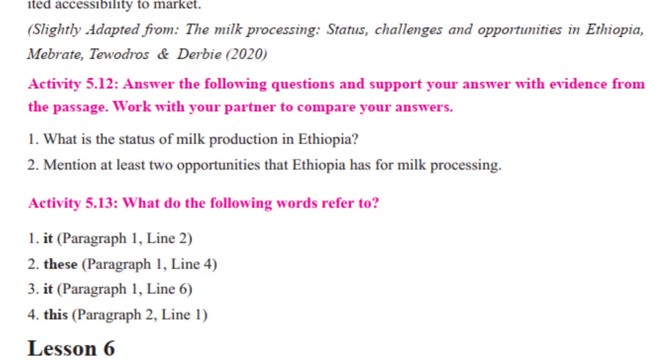When it comes to the question parts, እንግዲህ after reading ማለት ነው, ካነበባችሁ በኋላ you are asked to give answers to these questions. Okay, activity 5:12: answer the following questions and support your answer with evidence from the passage ነው የሚላችሁ, ለመልሳችሁ ማስረጃ ታስደግፋላችሁ. Work with your partner to compare your answers. ለምሳሌ, what's the status of milk production in Ethiopia ይላችሁ, status ምንድነው ያለው ሁኔታ.